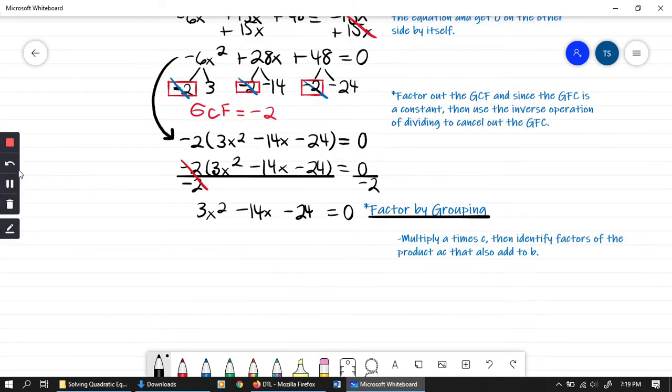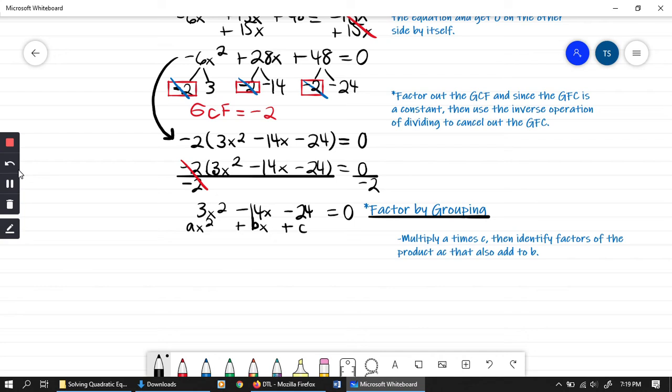So remember, first we can identify a, b, and c because this quadratic is in standard form, which means it's in the form ax squared plus bx plus c. And it's an equation, and this expression is of course equal to 0.